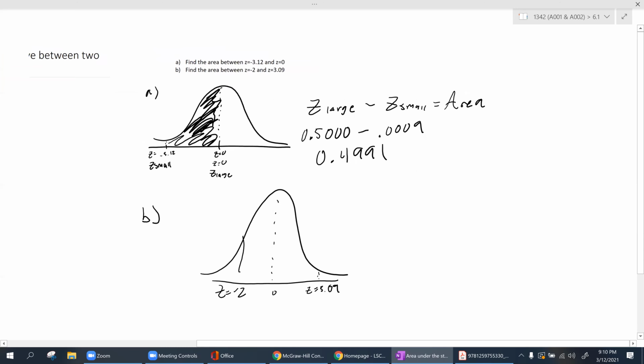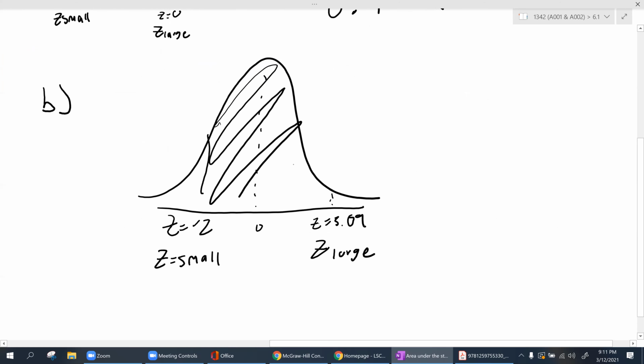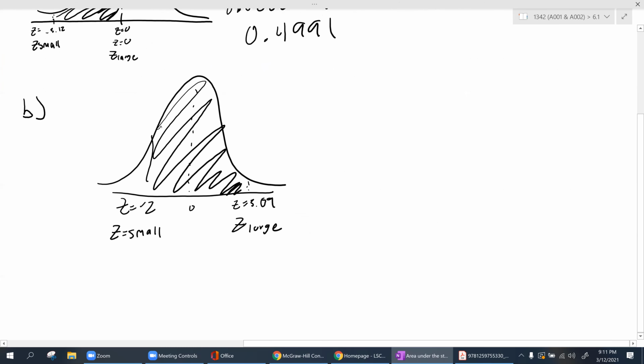The farthest one to the right is my z large and the farthest one to the left is my z small. I'm looking for this complete area, and the formula for the area between two points under this curve is z large minus z small.